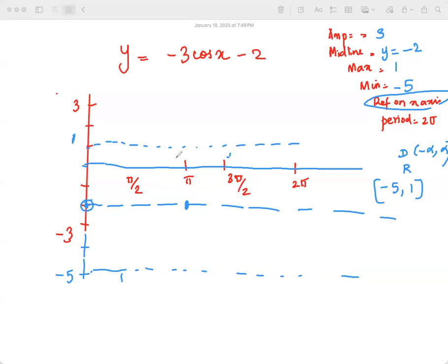The maximum here, and then the minimum is here, and then it crosses 0 here, and here.